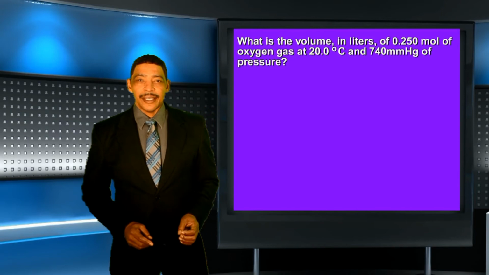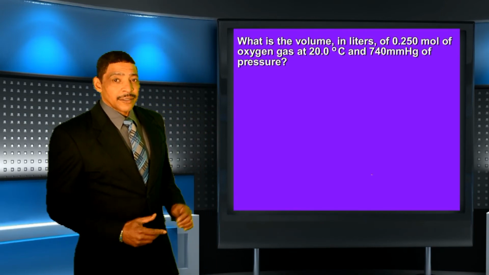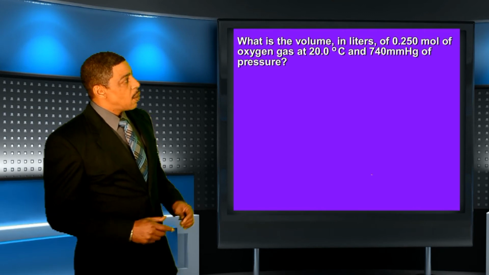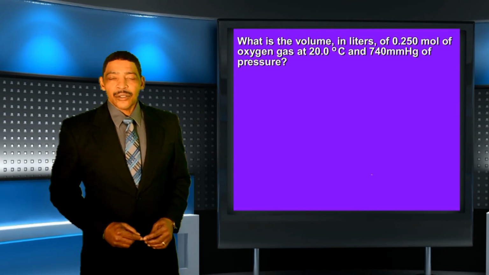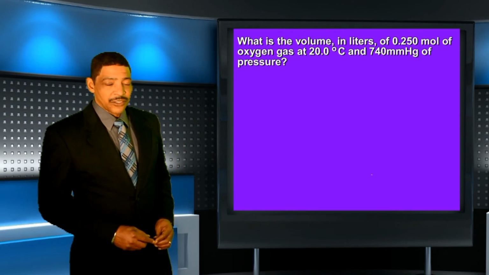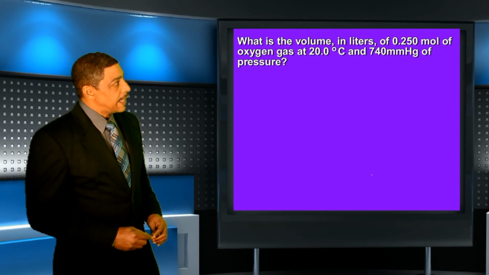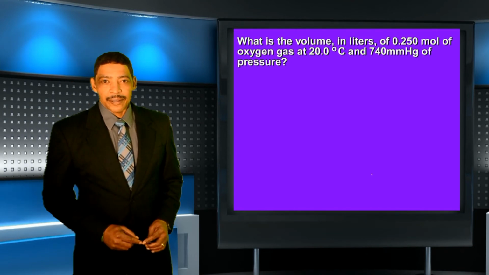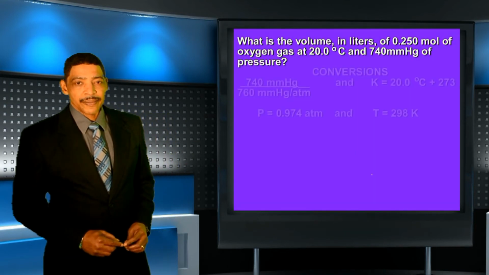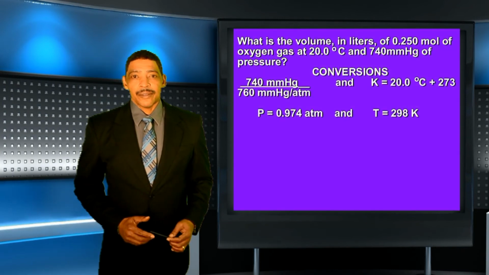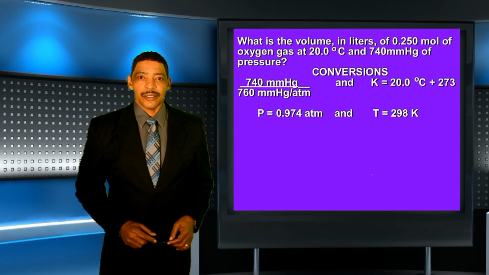Now let's use the ideal gas law to perform a volume calculation. Consider the following example. What is the volume in liters of 0.250 mole of oxygen gas at 20 degrees Celsius and 740.24 mmHg of pressure? Clearly, in this example, conversions must be made for pressure and temperature.